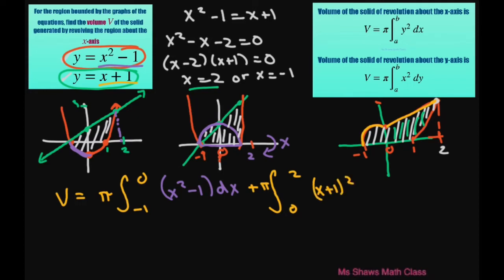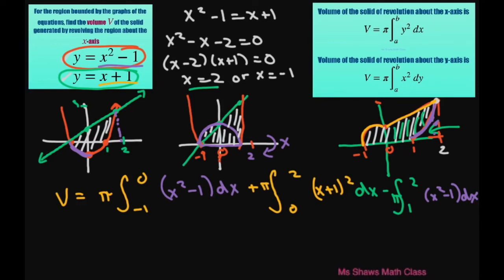All right, but that includes this area when I set it up this way. So I'm going to have to subtract pi times the integral from 1 to 2, and the upper bound to this shaded part is your x squared minus 1. So that's how you set it up.